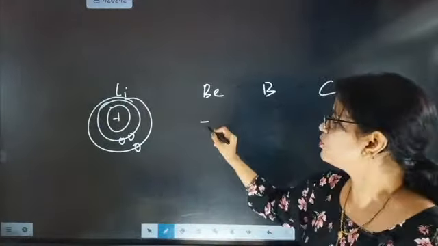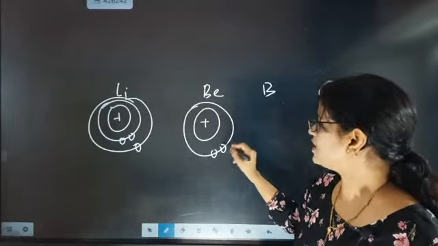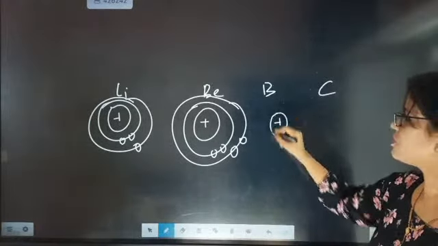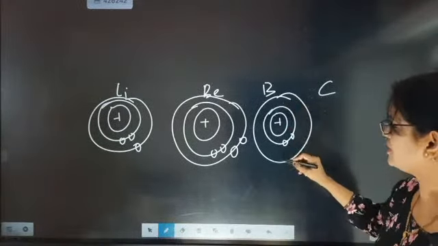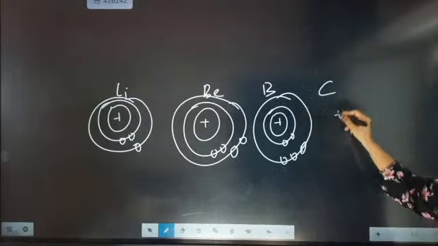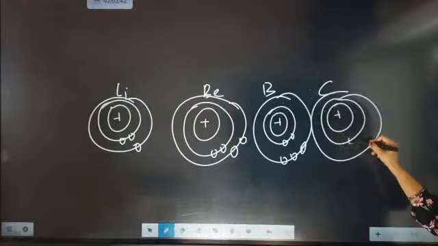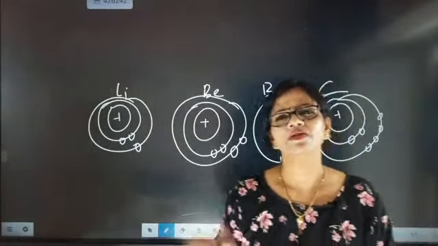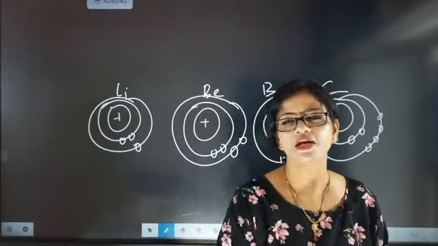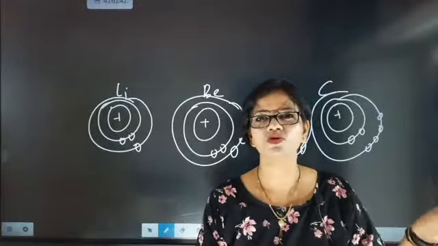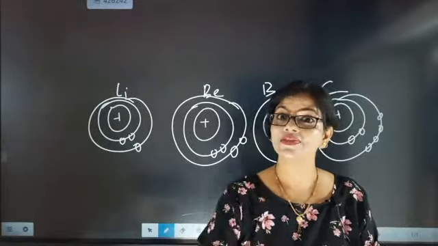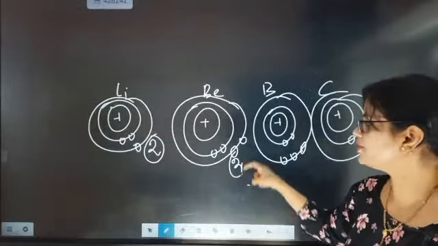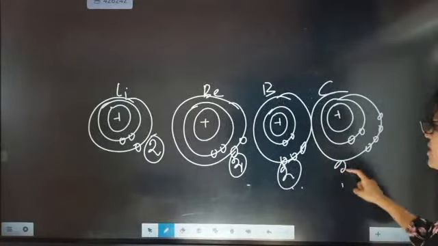The structure is the same, the orbit is the same, and electrons keep getting added. So what is the situation? The effective nuclear charge keeps on increasing, as more electrons keep getting added to the outermost orbit, which is the same orbit number 2 throughout.